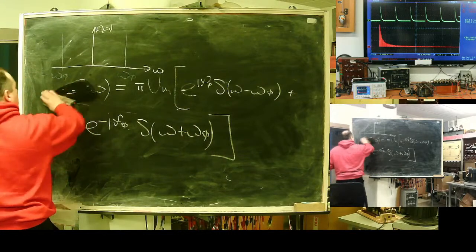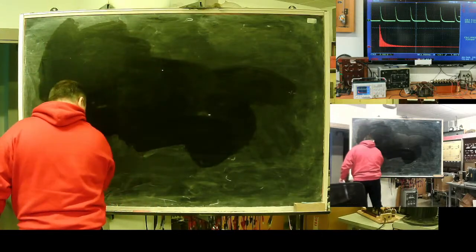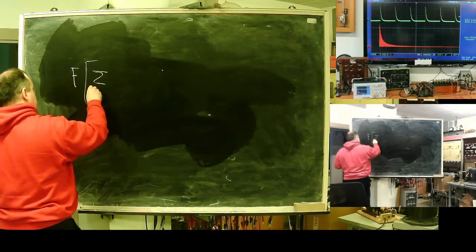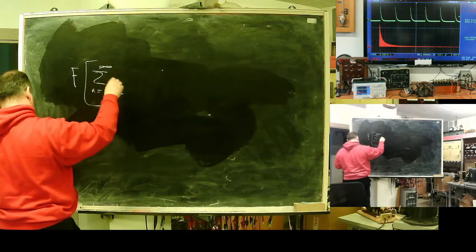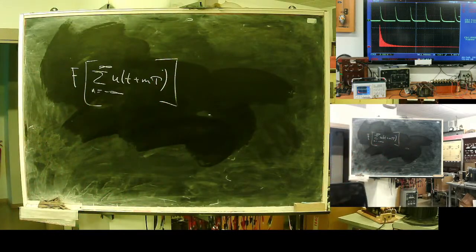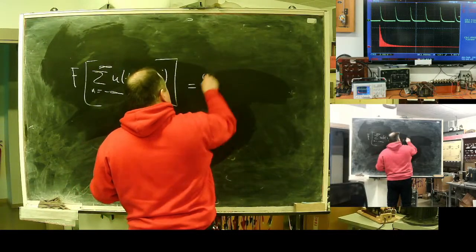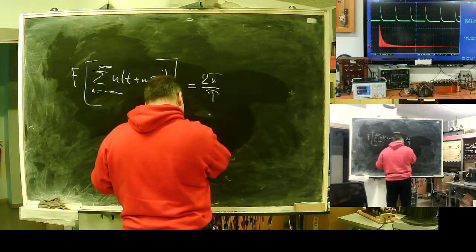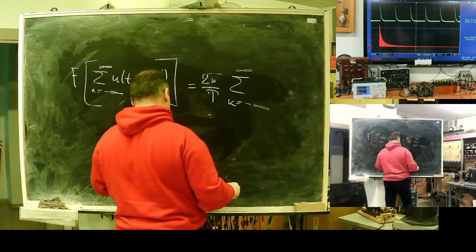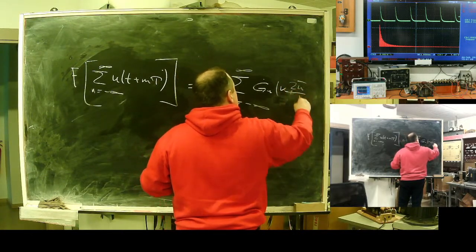And finally, one more formula. If I perform a Fourier transform on a pulse sequence, the sum from minus infinity to infinity of pulses shifted by mT, I will get 2π divided by the period, multiplied by the sum from minus infinity to infinity.